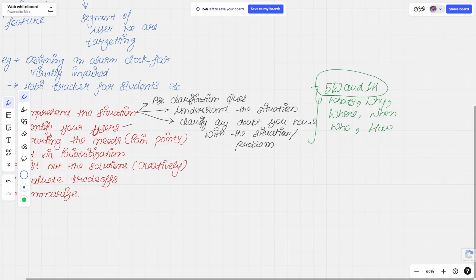Second, about when we are identifying our users. In every product related case study, not just product design, whenever we have to identify our users, we have to use the MECE approach. What is MECE?